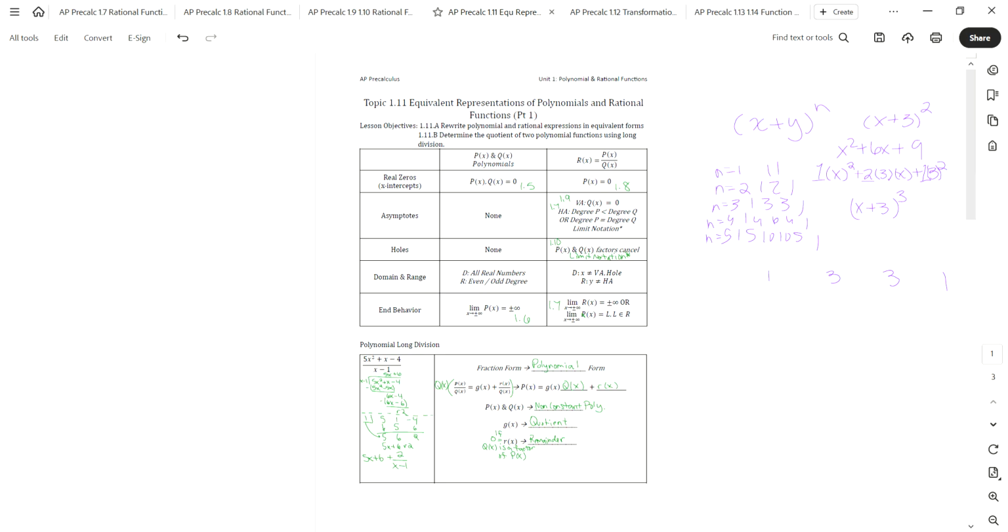Now, here is the unique relationship between the terms and the exponents. If I zoom in here to the 3 and the x and think about them individually, what's the multiplicity on 3? It's 1. What's the multiplicity on x?